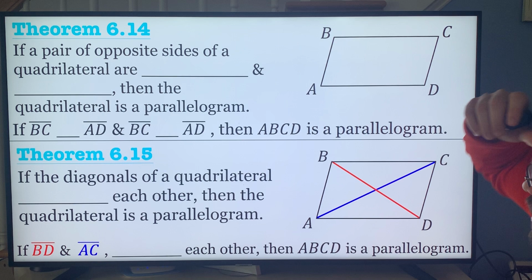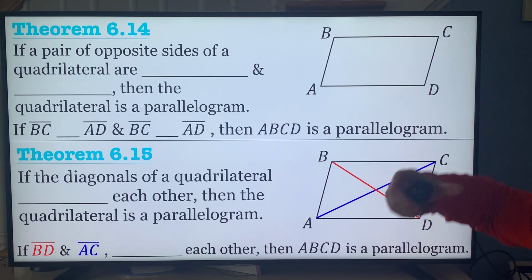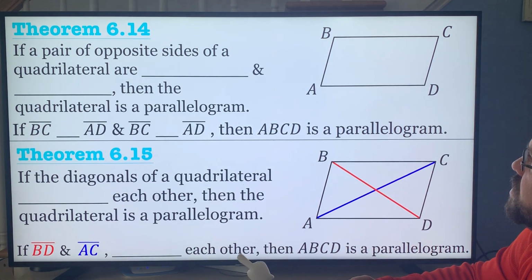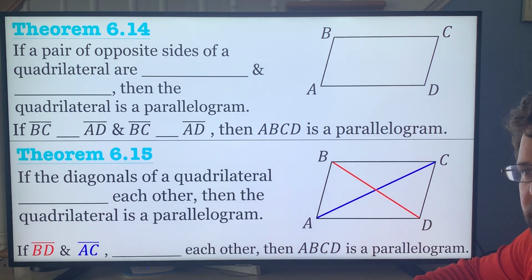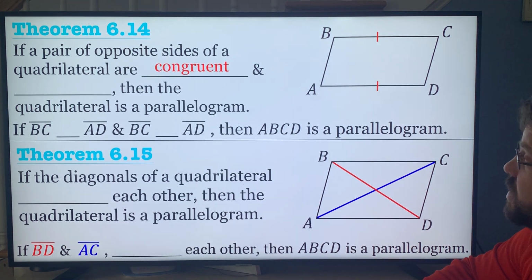This is a bunch of theorems. If the opposite sides of a quadrilateral are blank and blank, then the quadrilateral is a parallelogram. So if two things are true about one set of sides, what could that be? BC and AD, think of them. First of all, they have to be congruent. Very good. Now, what else do they always have to be?